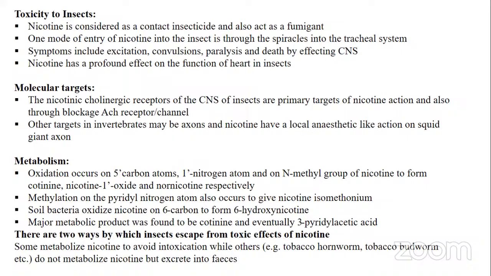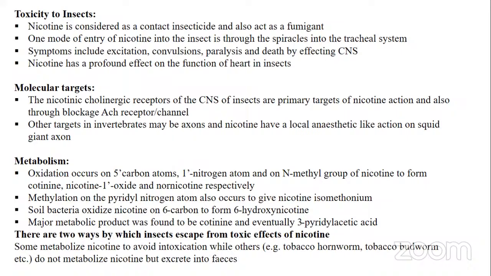If you understand the structure of nicotine, it will be easy to understand how the metabolism occurs. Methylation on the pyridyl nitrogen atom also occurs to give nicotine isomethonium. Soil bacteria oxidize nicotine on carbon 6 to form 6-hydroxynicotine. The major metabolic product was found to be cotinine and eventually 3-pyridylacetic acid.